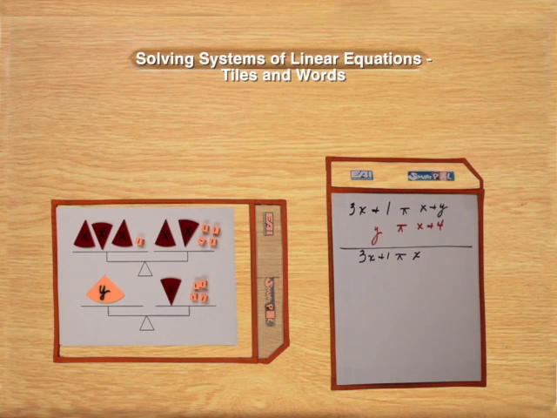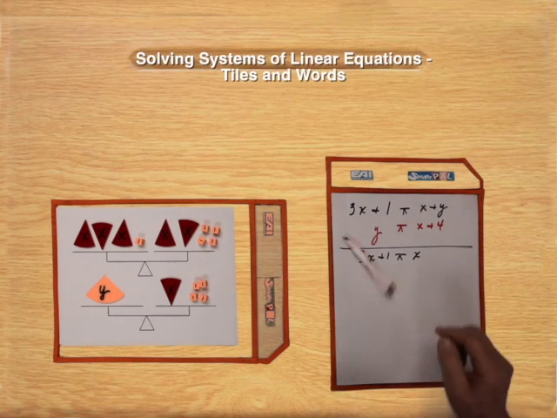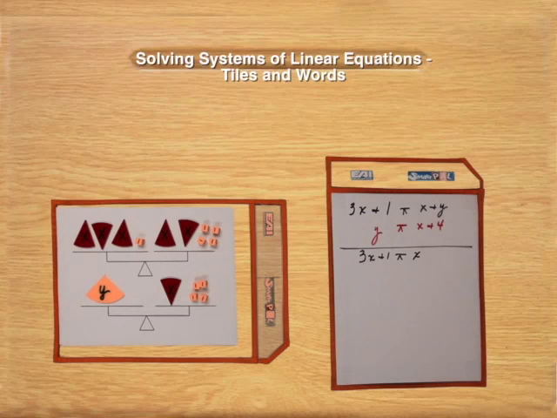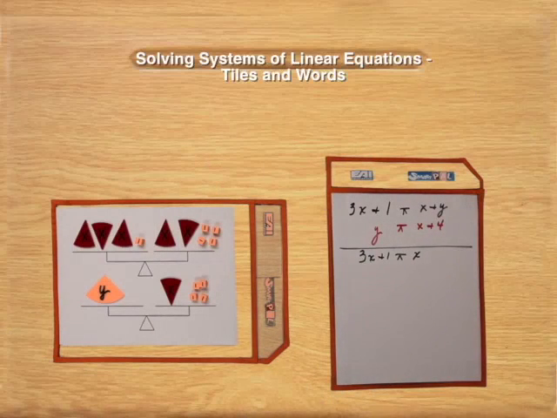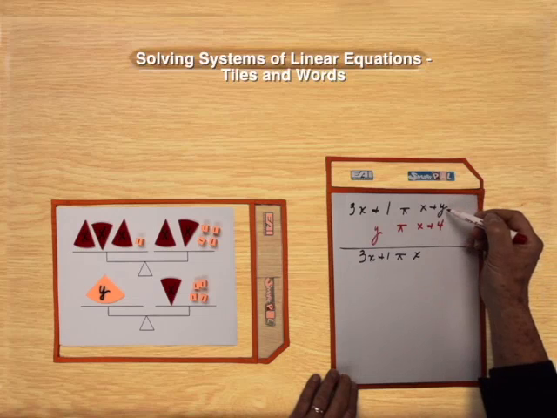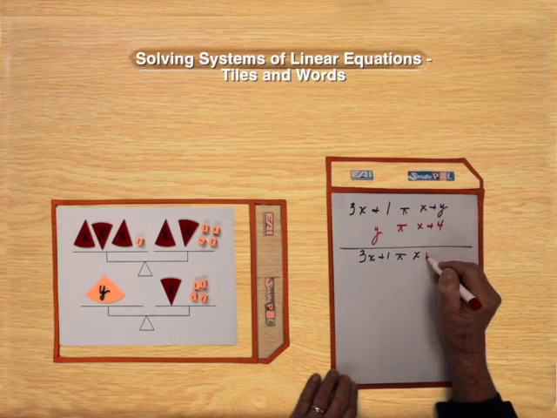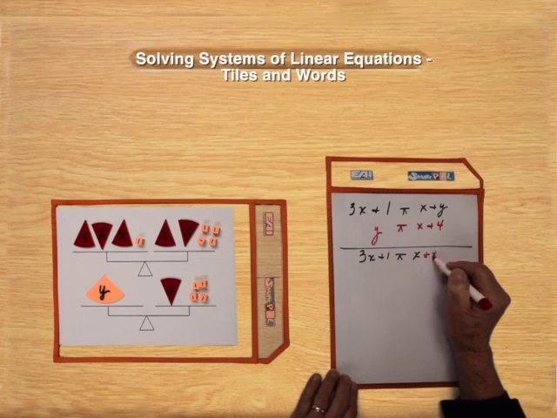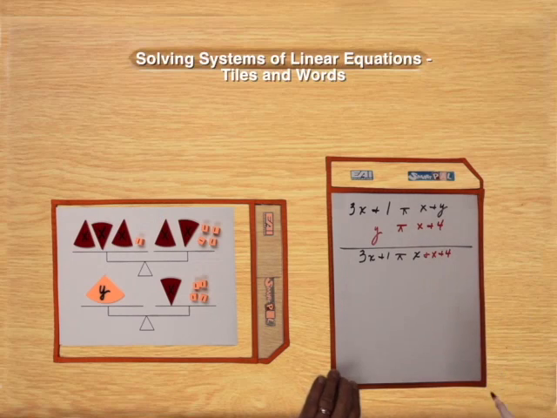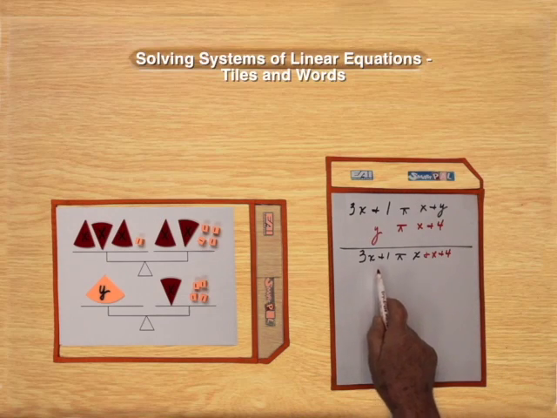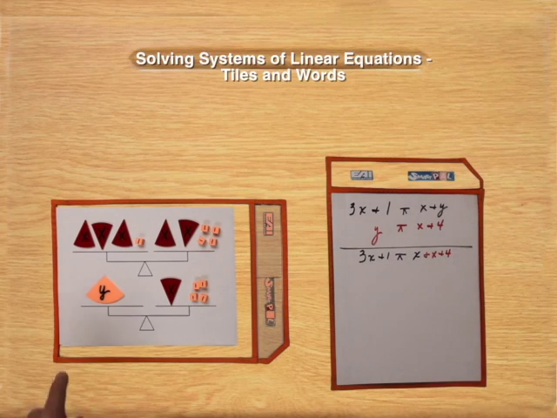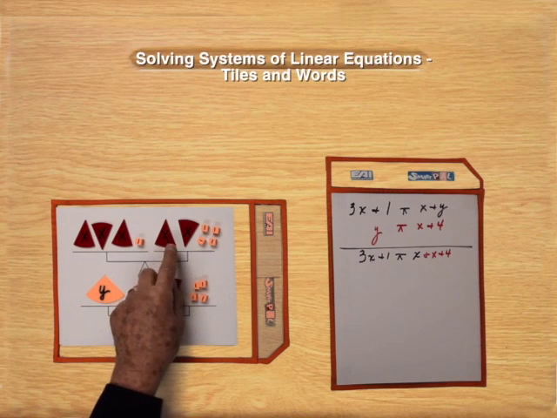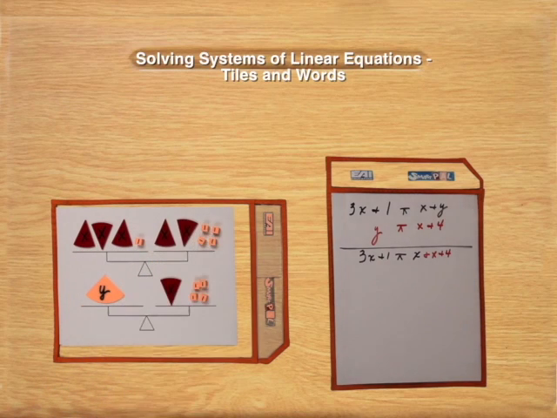But now what we've done is we've taken out the y and we're going to substitute an x and 4. So now we have 3x plus 1 balancing x and 4.